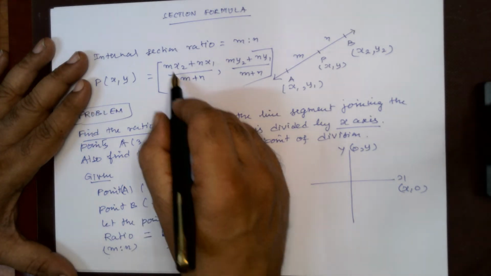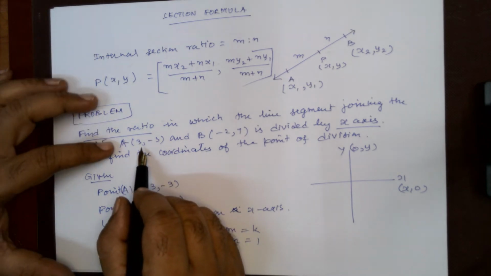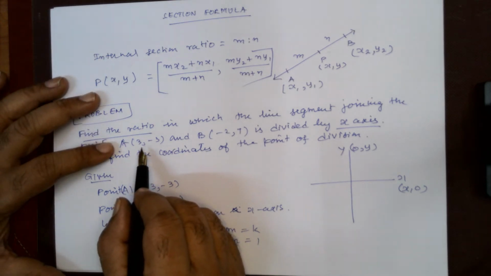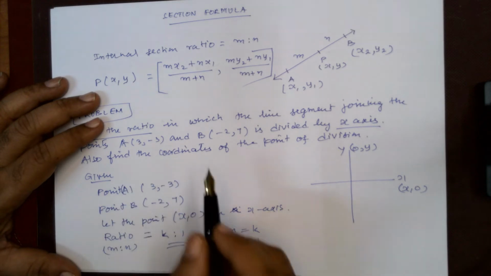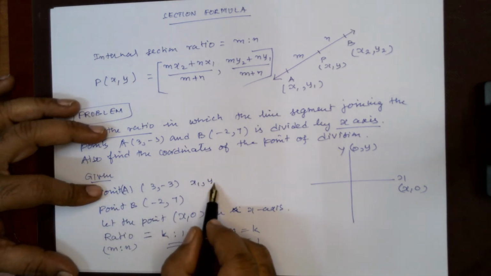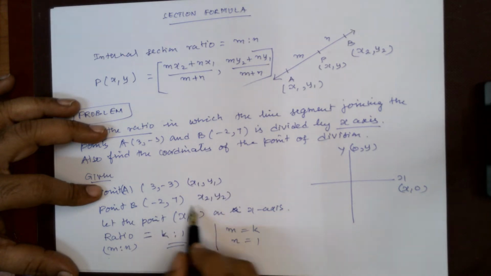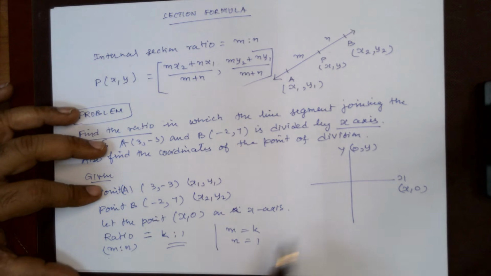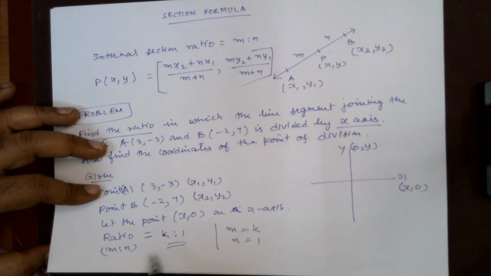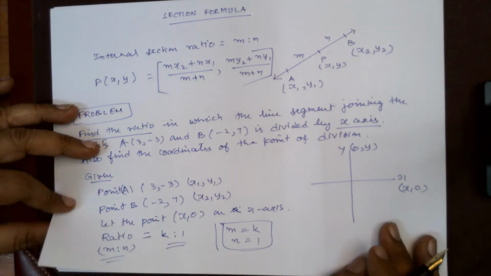Now we can apply this formula, and here this is x1, this is y1, this is x2, y2. Okay, so let us proceed. And m, n we have already indicated as k and 1.